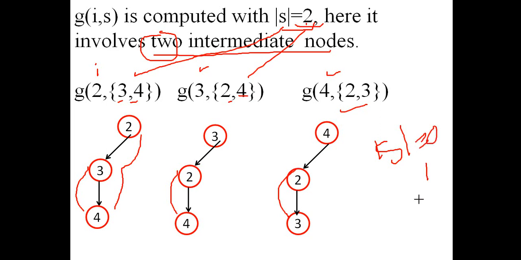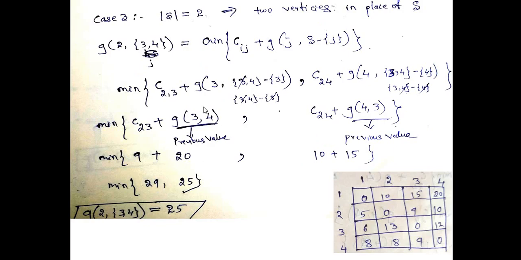Vertex 4 can visit node 2 and 3, so 2 comma 3. So you have to write like this. First S value is 0, then S value is 1, next S value is 2. First no vertex, first vertex, then second vertex, meaning intermediate vertices.